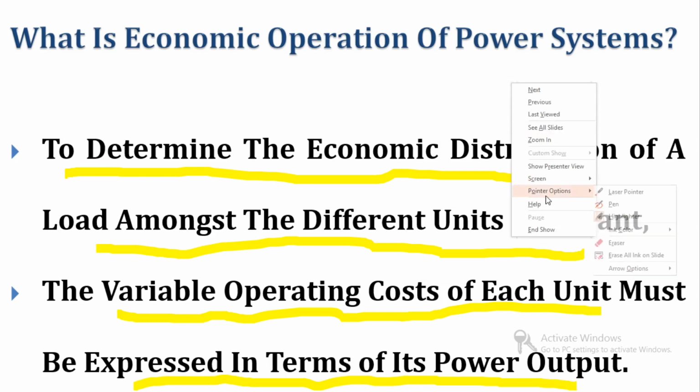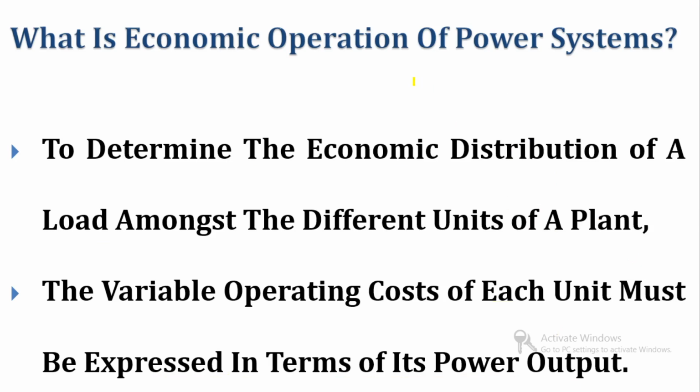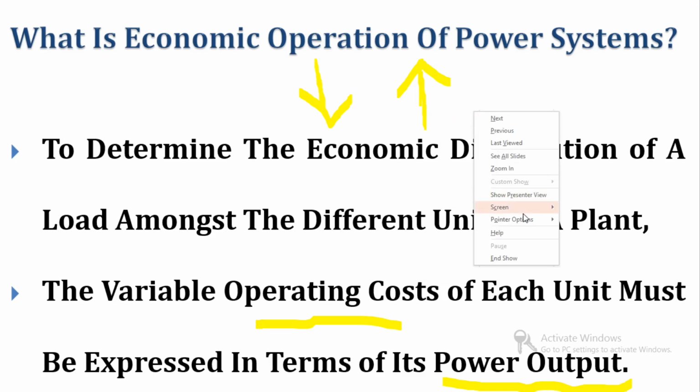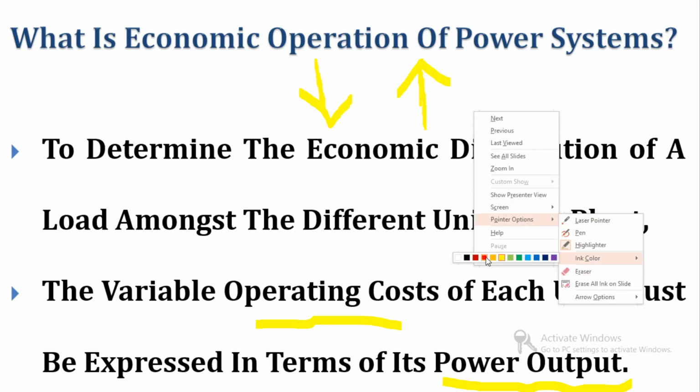If the plant is operating economically, then its output should also be compared with that cost. Suppose operating cost is low and its output is high, then we can say that that particular power plant is operating in an economic way.